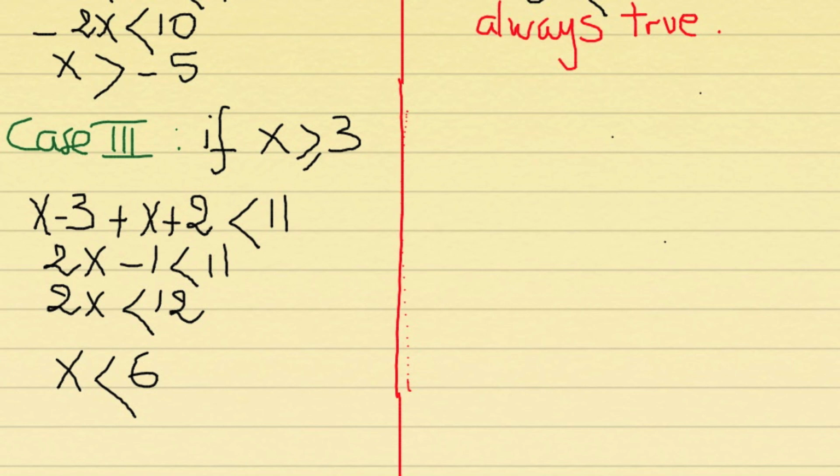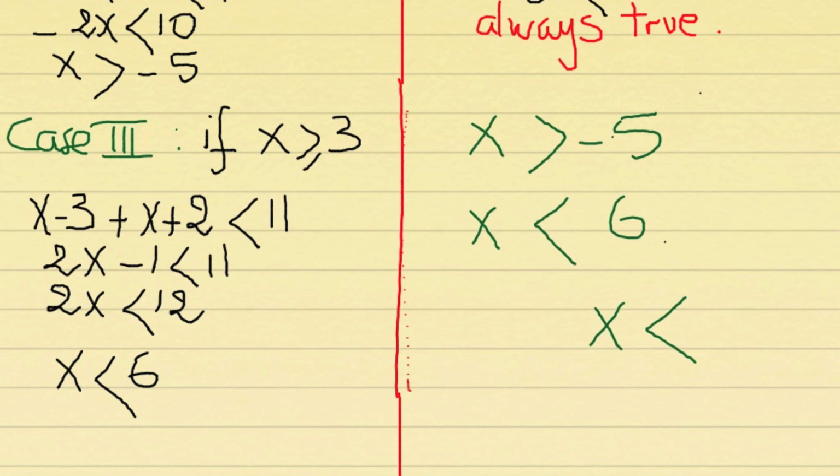So if I combine case 1, which gave me x must be bigger than negative 5, case 2, which gave me no issues because the inequality was always true, and case 3, which is x less than 6, meaning I'm going to have to put the condition on x to be between negative 5 and 6.